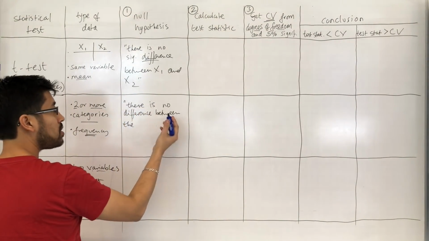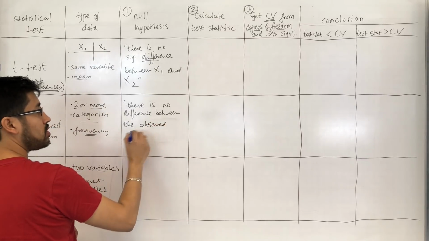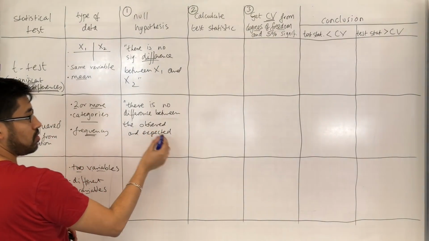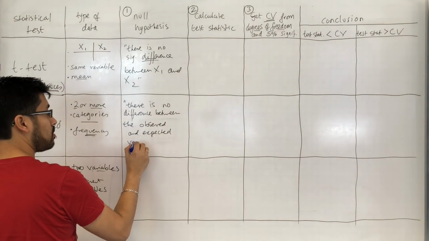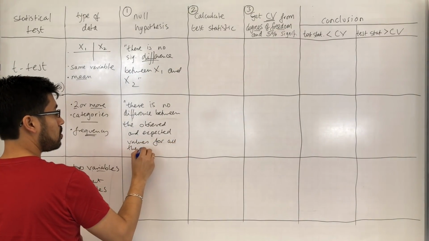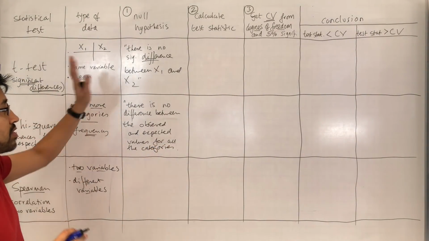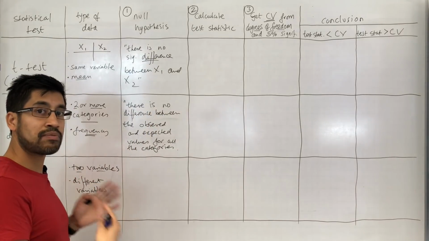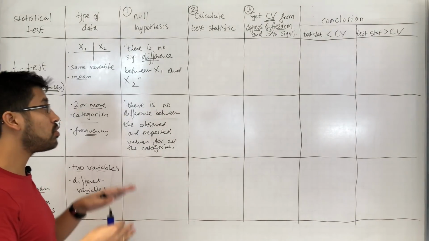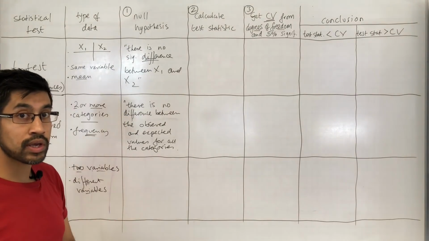So there is no difference between the observed and the expected values for all the categories. Because there's no difference between the observed and expected, everything is how you expected it to be. And remember, your null position is that you didn't expect anything biologically interesting to be going on.